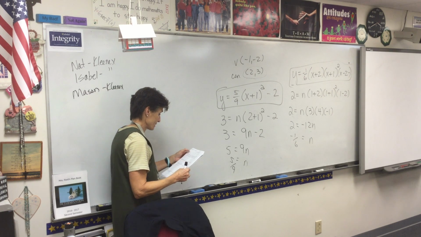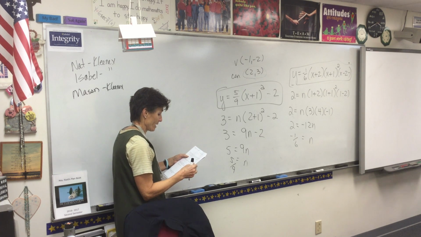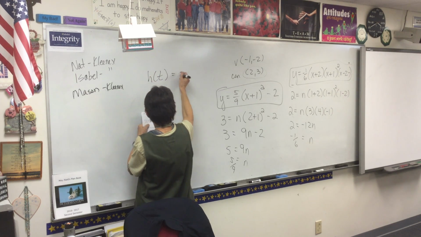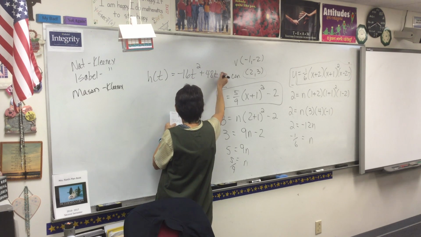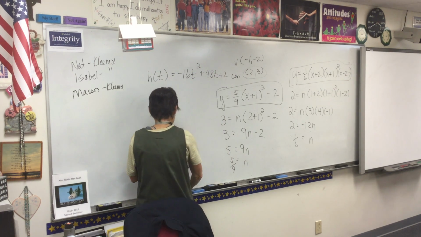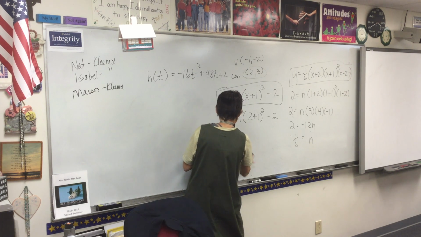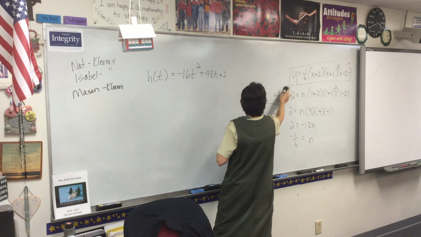All right, let's see, that's 6, 7. The height of a ball above the ground at t seconds is given by this equation. Find the maximum height and the time it is reached. Maximum.